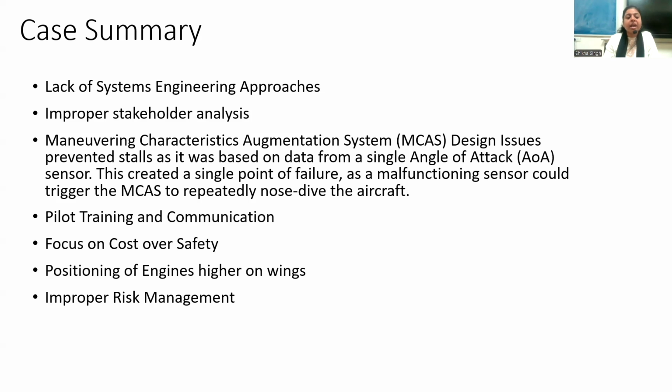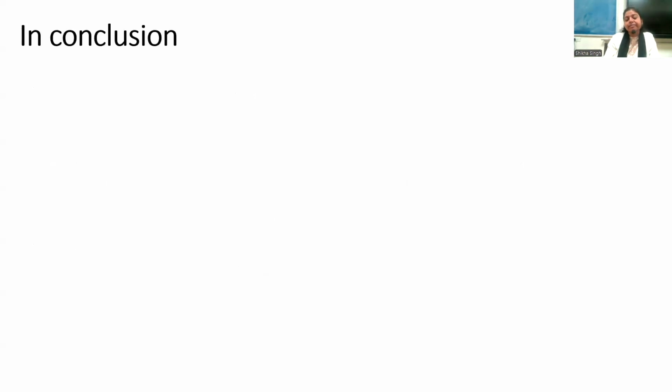So further things are like pilot training, communication, focus on cost over safety, once again same here, right? The small misalignment, right? And due to this malfunctioning, the maneuvering characteristics could not be performed by the aircraft, and that causes the accidents, right?